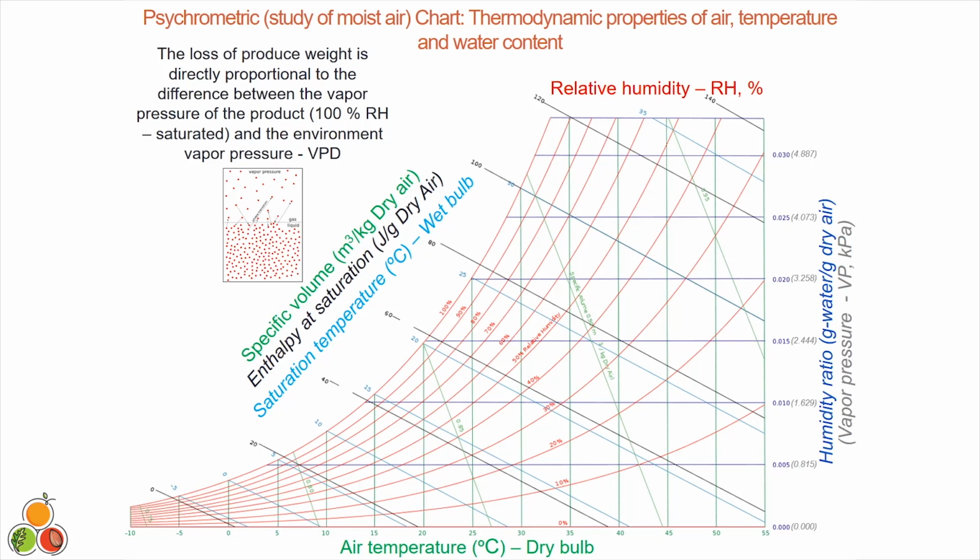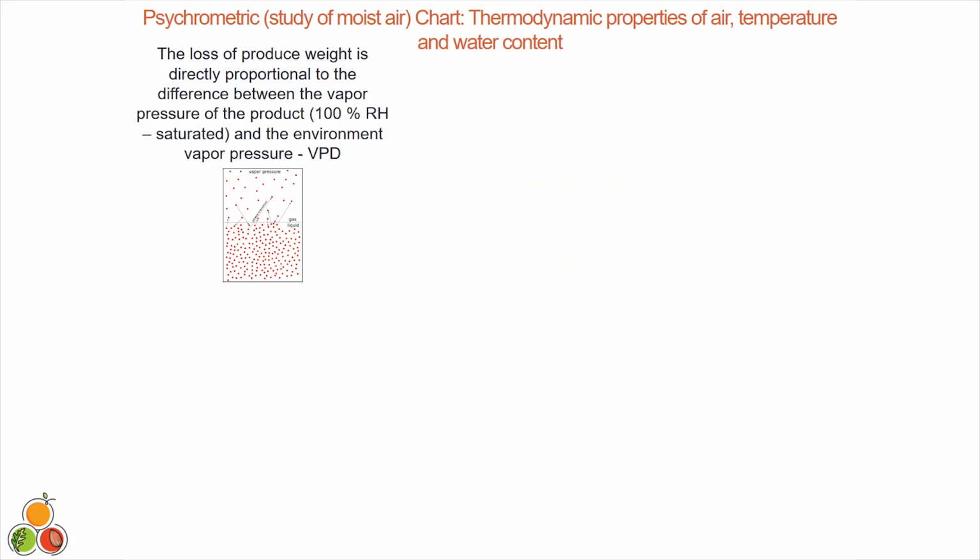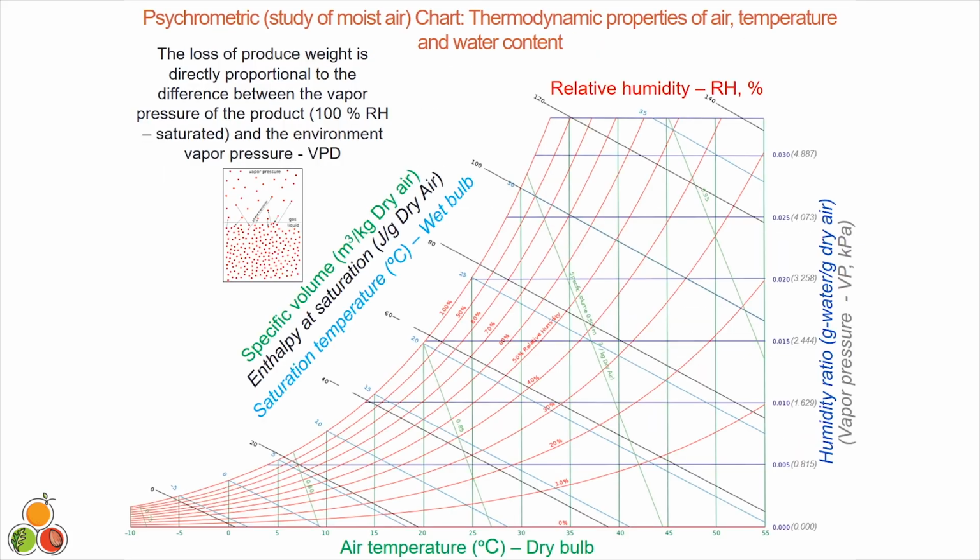But the take-home message is that the loss of product weight is directly proportional to the difference between the vapor pressure of the product. The vapor pressure is in the y-axis here. Right here, that's the vapor pressure. So the larger that vapor pressure differential with the environment, the more water we will lose. Okay?